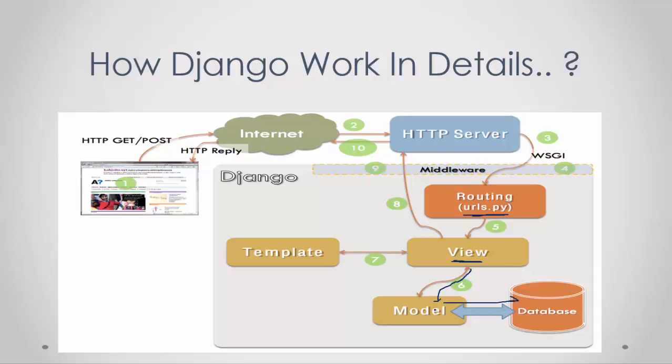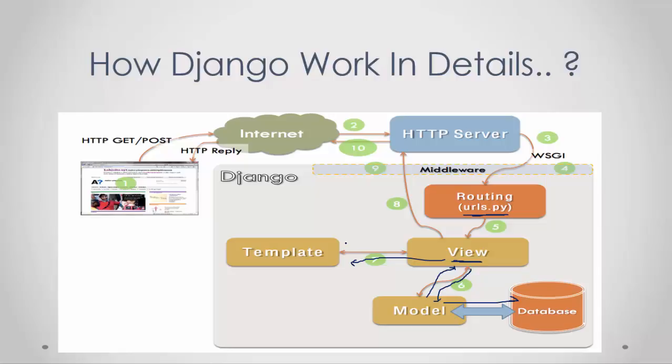Okay. When this data comes back from the database, it moves to the view again, and from the view to a template, so this data can get a design with HTML, CSS, JavaScript, so we can see our data clearly.